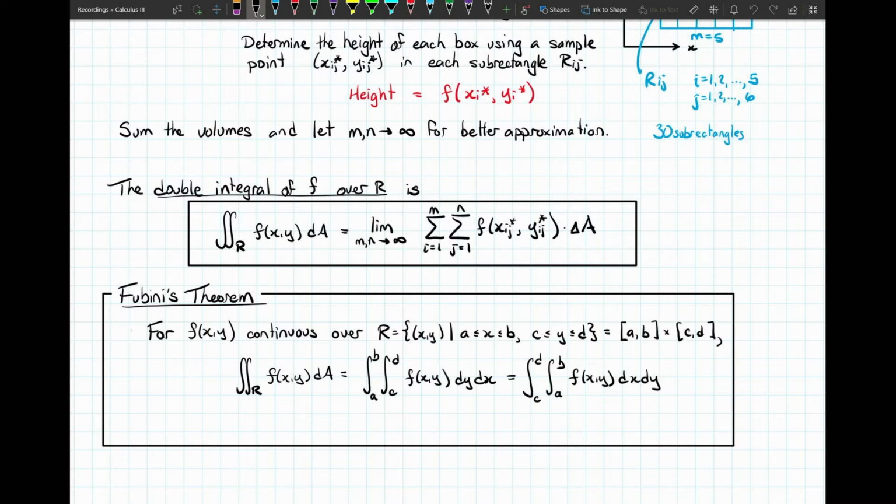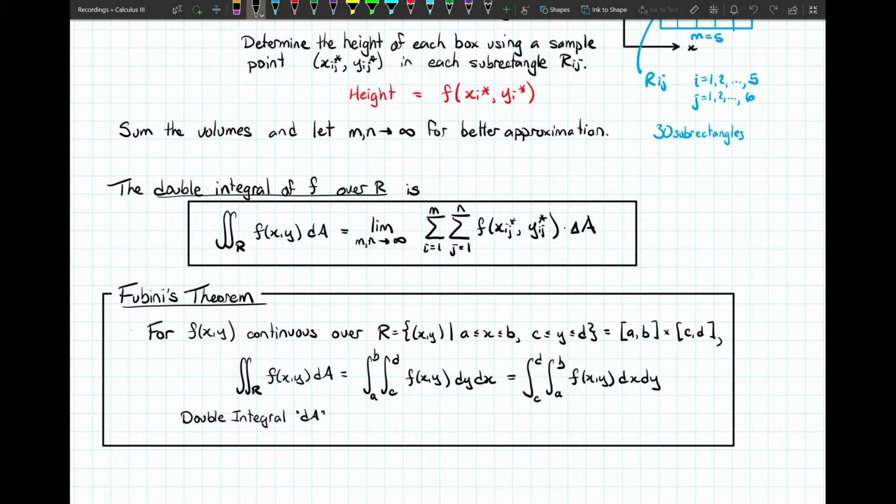Fubini's theorem says, as long as we have that condition, then the double integral of the function f of x, y, dA, again, that's called our double integral, can be written as two separate integrals. One integral, a to b, and you can see another integral, c to d.